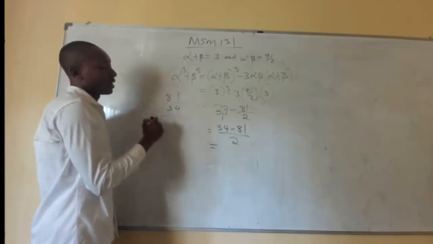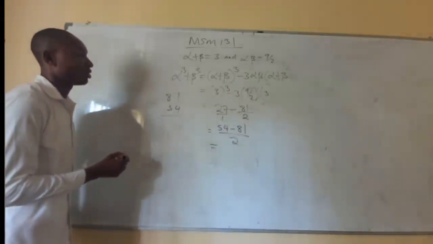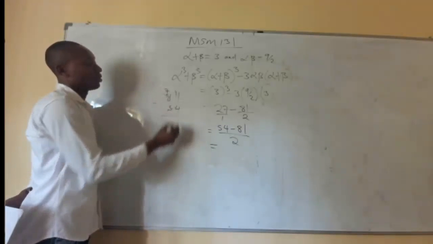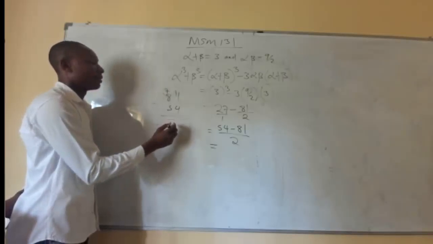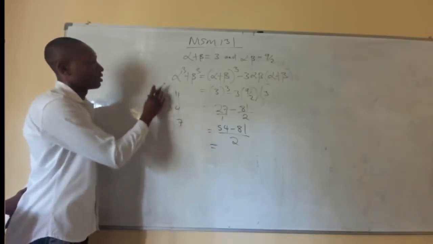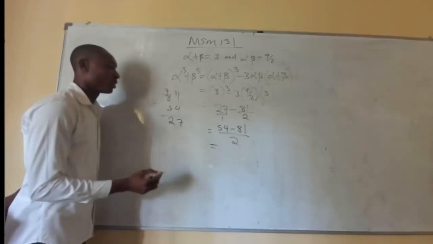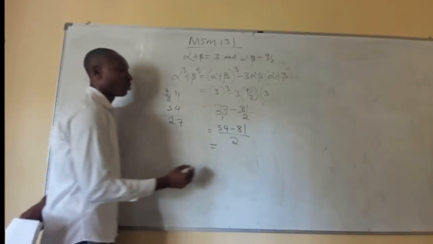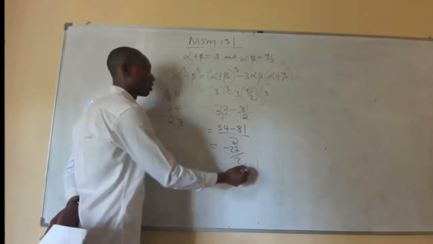I know that the final answer will be negative because it's the 81 with the negative. So we have 7, then 7 minus 5, that's 2. So we have 27. But as I said before, because you are doing the negative, this is negative 27 over 2.